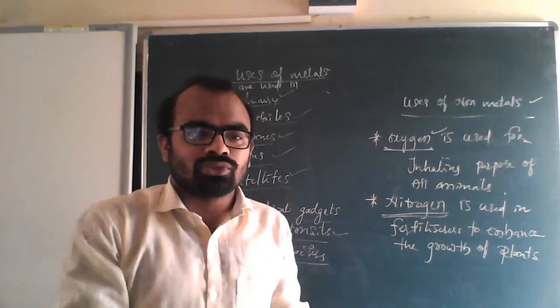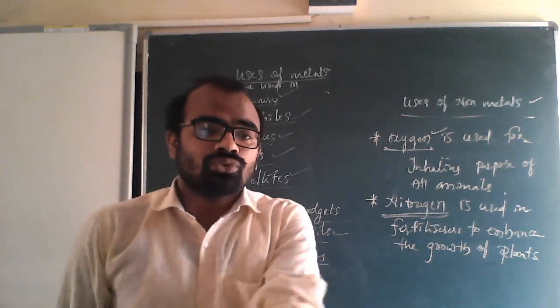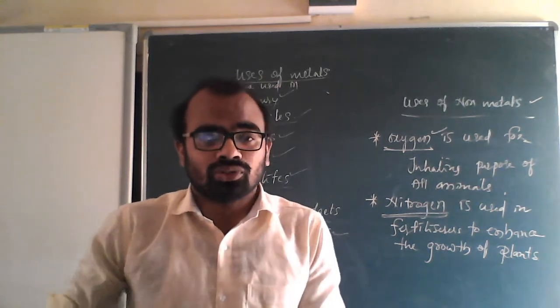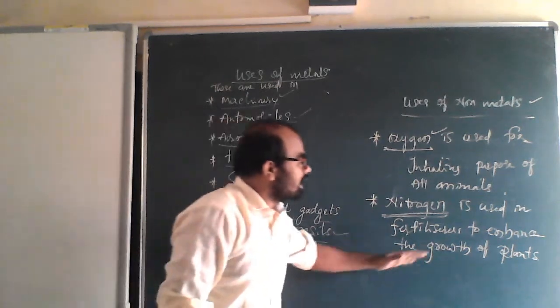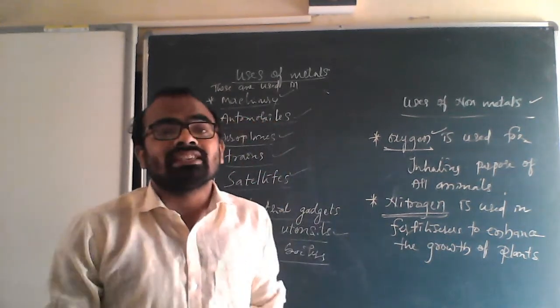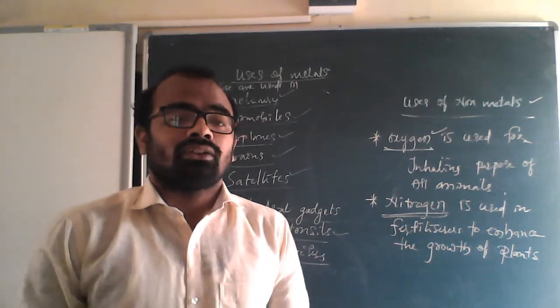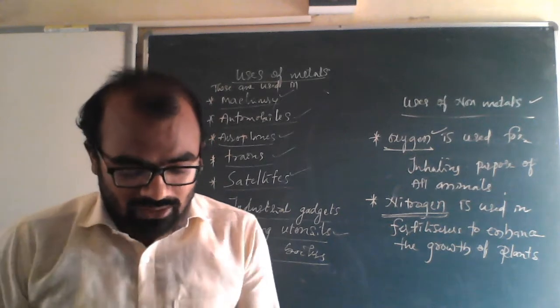That fertilizer is used for the irrigation purpose or in plant growth. So they can use it in agriculture, so that the plant can be grown very easily. Okay, this is nitrogen.